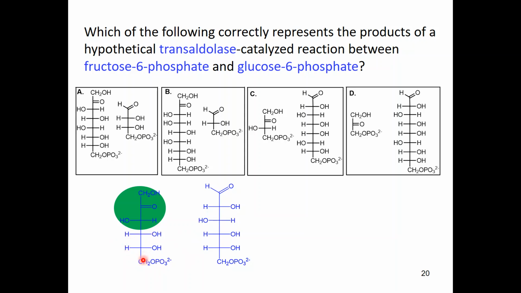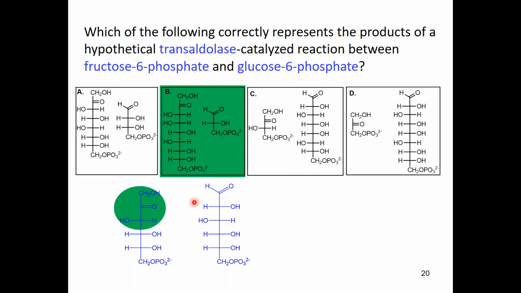So we need to look for a 3-carbon aldose, such as glyceraldehyde 3-phosphate shown here. The ketose that is produced will contain the 6 carbon atoms of glucose 6-phosphate plus the 3 carbons transferred from fructose 6-phosphate. So we are looking for a 9-carbon ketose. The correct option will be B.